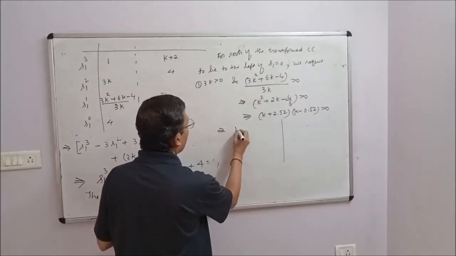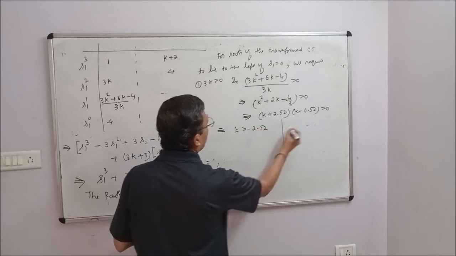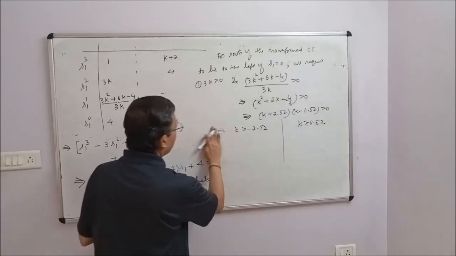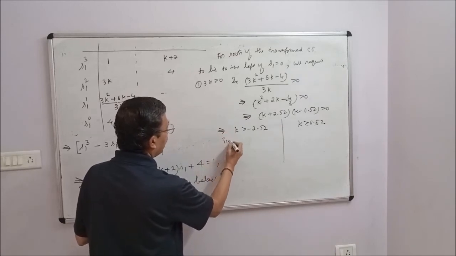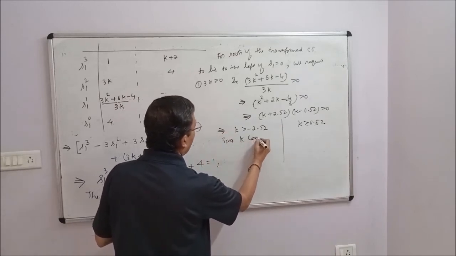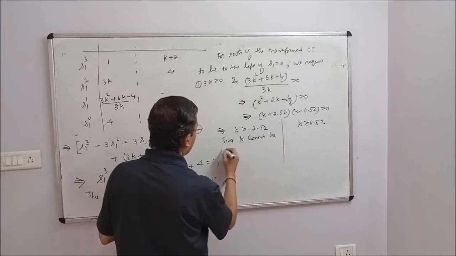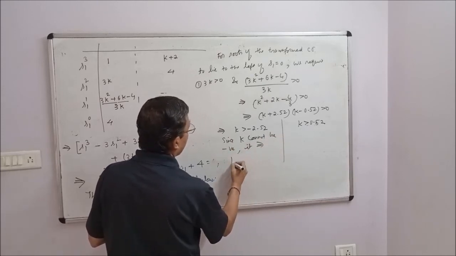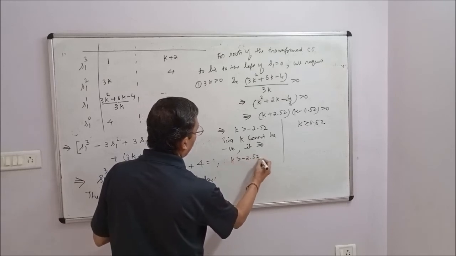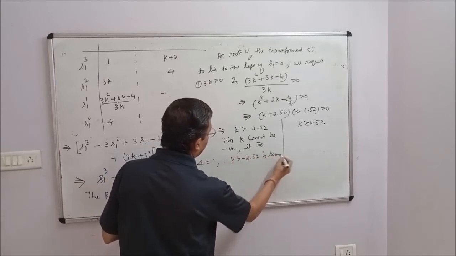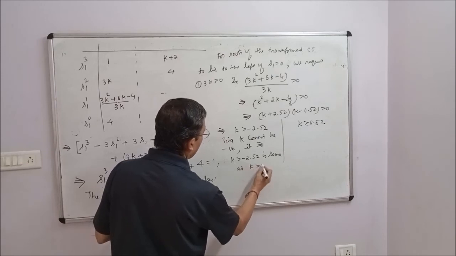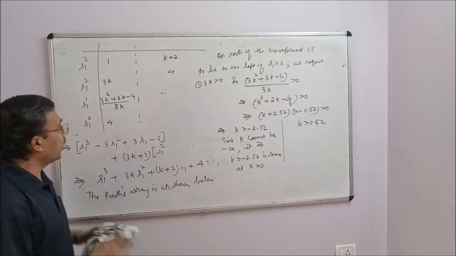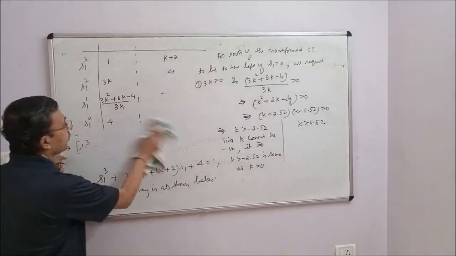So this implies k greater than minus 2.52 and k greater than 0.52. Since k cannot be negative, k greater than minus 2.52 is same as k greater than 0.